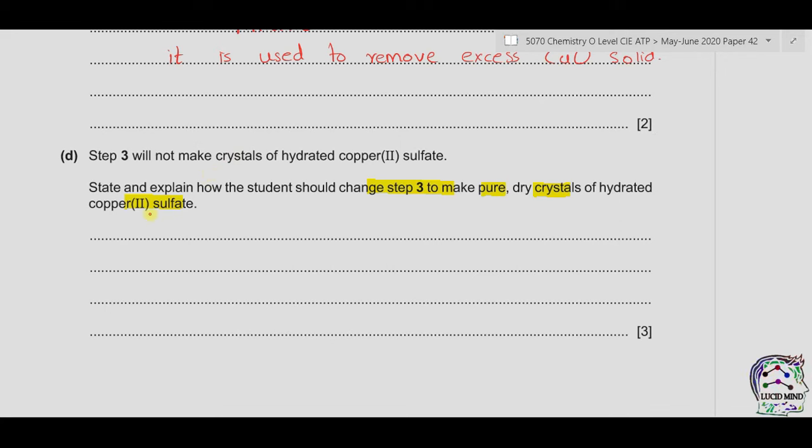So we can write, he should heat the solution until it is saturated. The next step is to cool down the solution or leave the solution to cool.